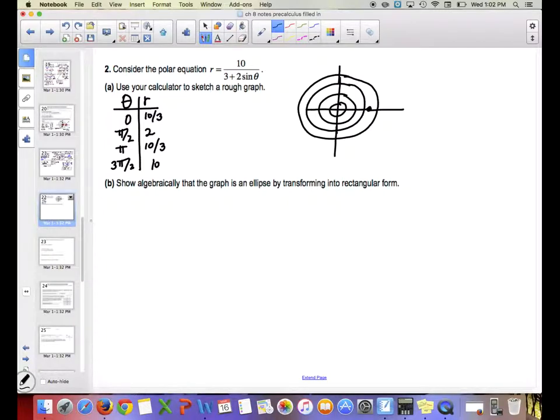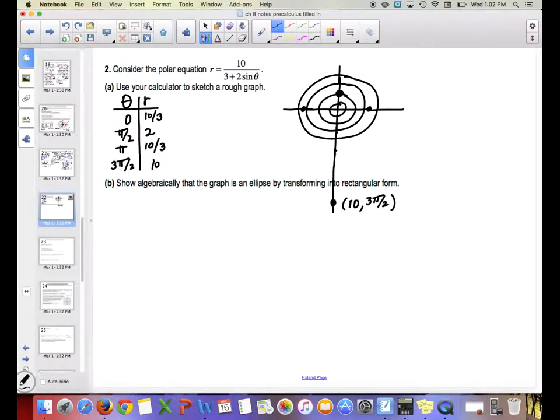Along the pi over 2 line, I go up 2. Along the pi line, I go out 10 thirds. So again, right around there. And then along the 3 pi over 2 line, I go out 10. So do you see it's going to be way down here? We write it as (r, theta), 10 comma 3 pi over 2.